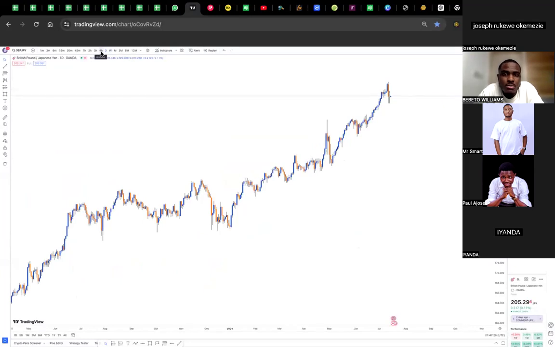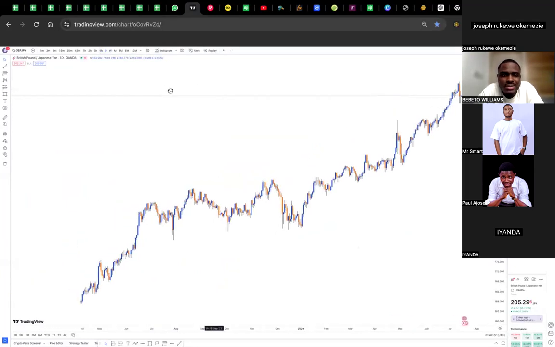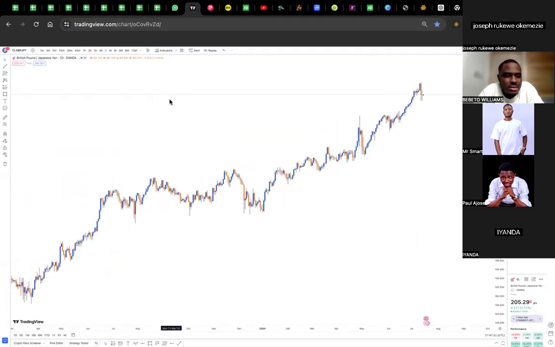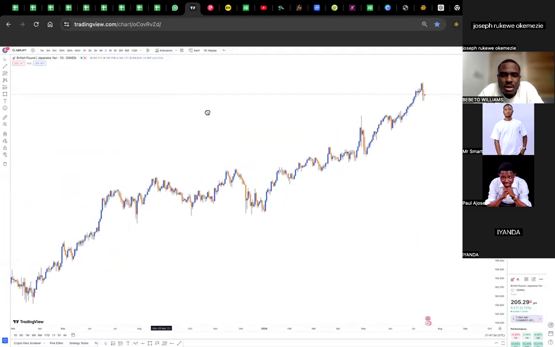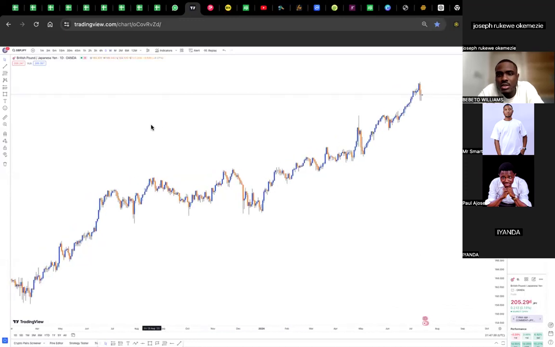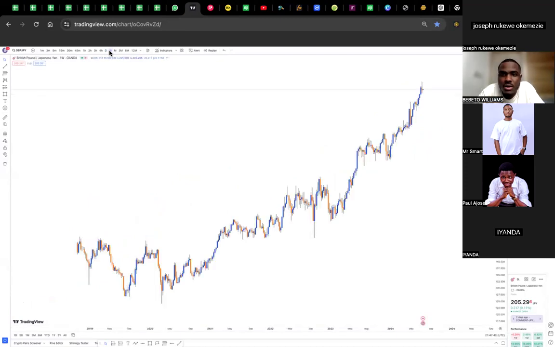Guys, this is just so clean. This is a clear uptrend market. GJ is more biased, but just wait for the market to retrace. All right, very important to put in perspective. GJ is more biased. This is clean.